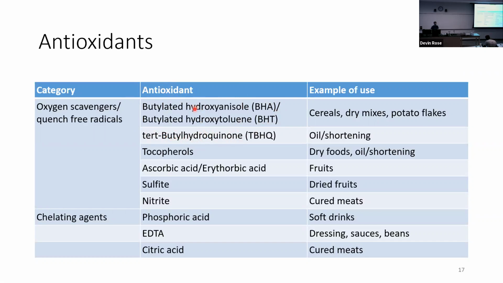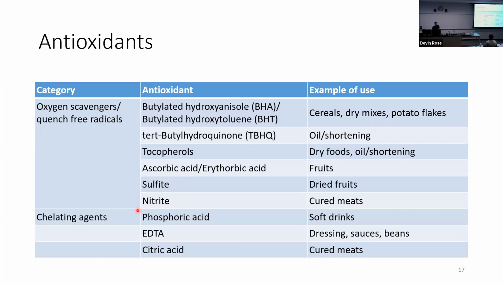All synthetic here. We have some natural antioxidants, the tocopherols that we know of, and vitamin C, and also its D isomer. And then we have some here that are salts that we would not typically think of as antioxidants, but in certain products they do have antioxidant properties, and so I list them here.